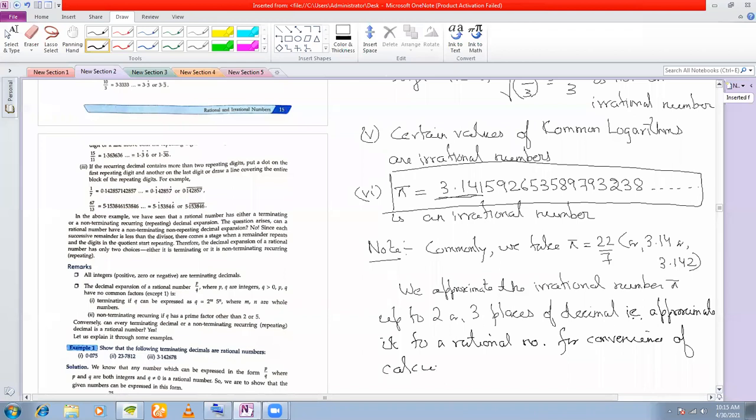That happens with values of logs also. That happens with certain values of trigonometric ratios also.